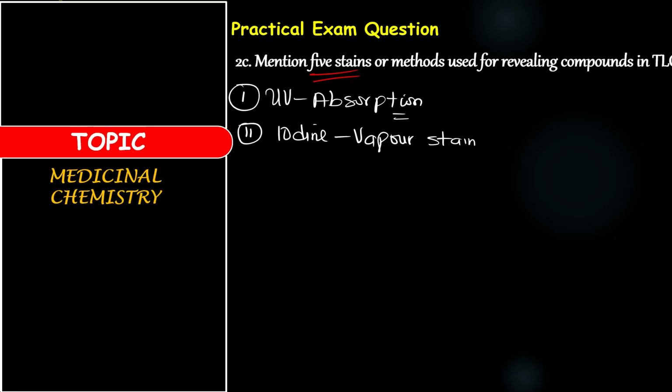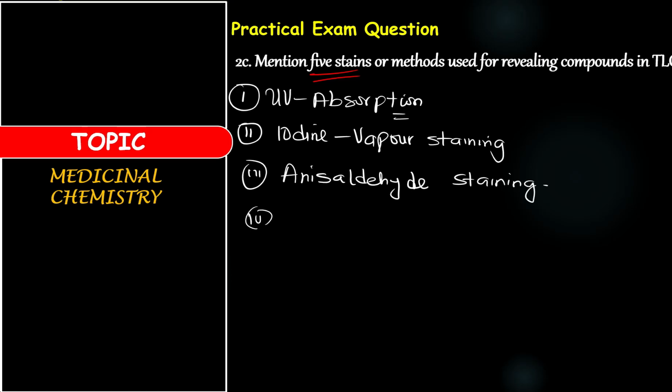These are methods. Then 3, you can use anisaldehyde staining. Then the 4th one is ninhydrin staining. This one will give purple spots.